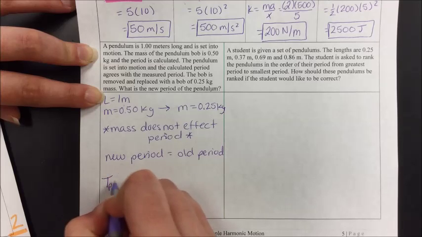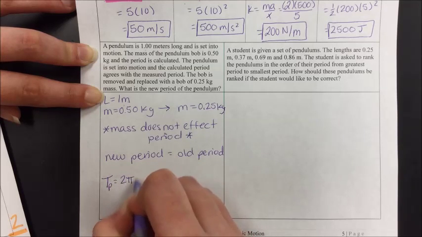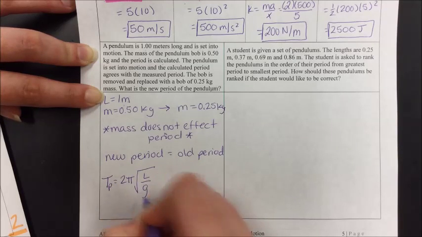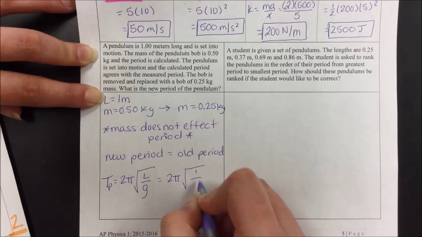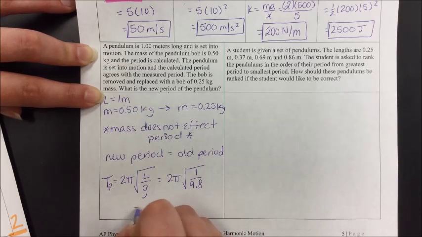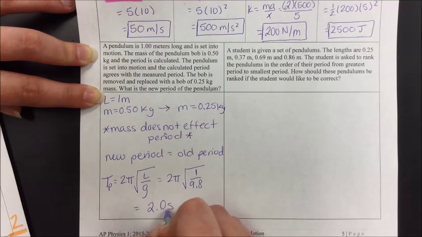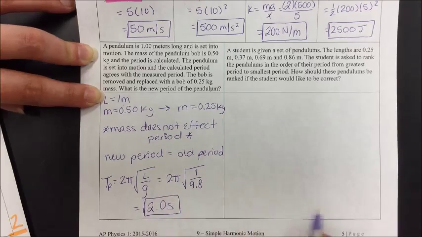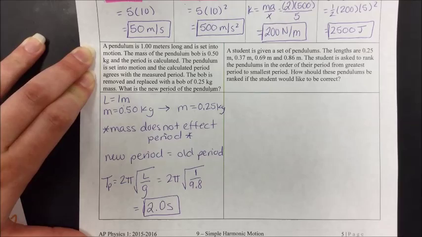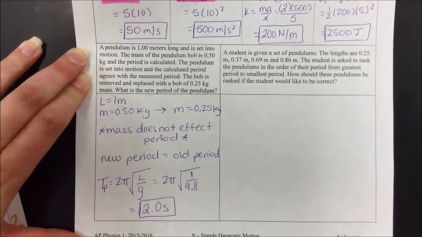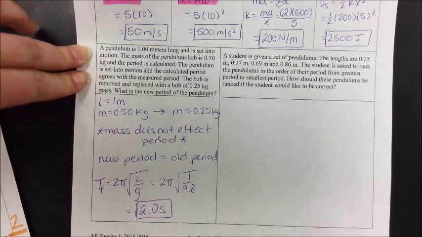So the period of a pendulum is 2 pi times the square root of L over g. So 2 pi times the square root of 1 over, and we're on Earth, so 9.8. That gives us a period of 2 seconds. So just because they changed the mass does not mean that the period changed. So we have the old period equals the new period.